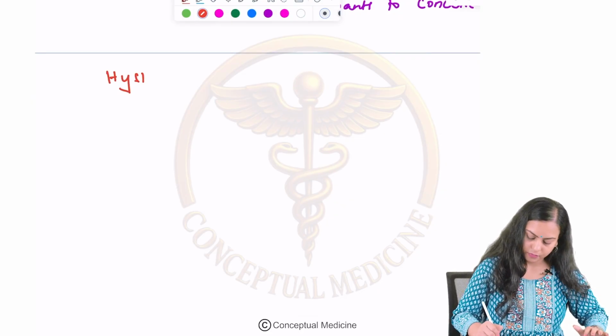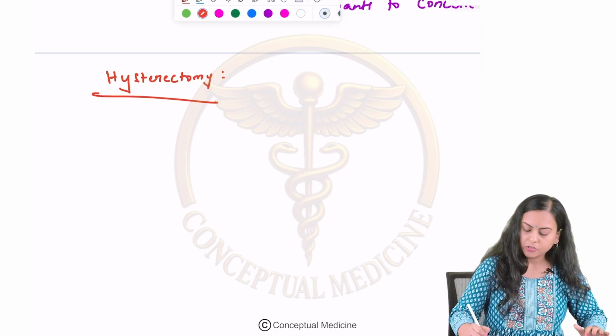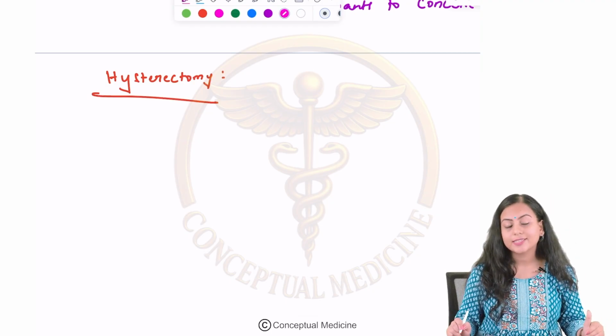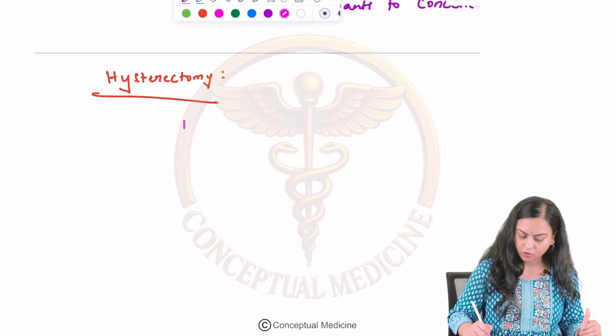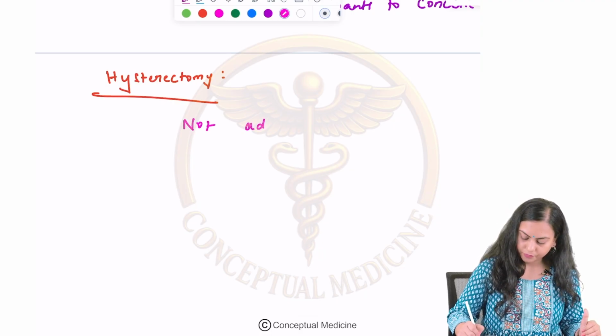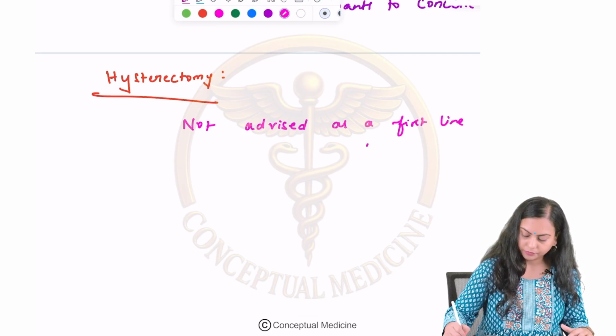Okay, and the next one is hysterectomy. Hysterectomy, usually it is not advised as a first line therapy. Okay, not advised as a first line therapy.